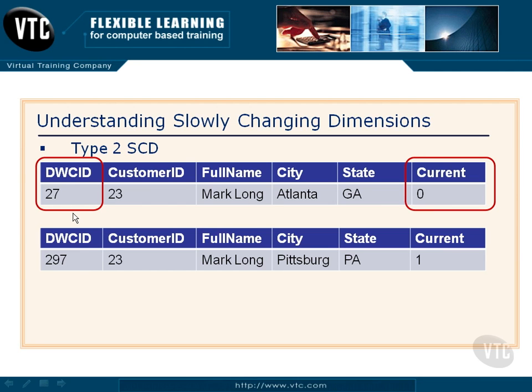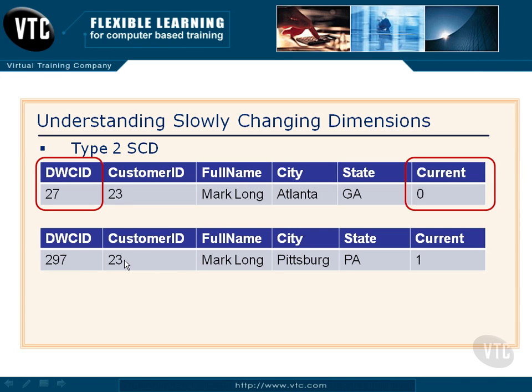So we've picked up 270 new customers, but all of a sudden I show up with a move to Pittsburgh. So we add a new line for me, and I become data warehouse customer ID 297.